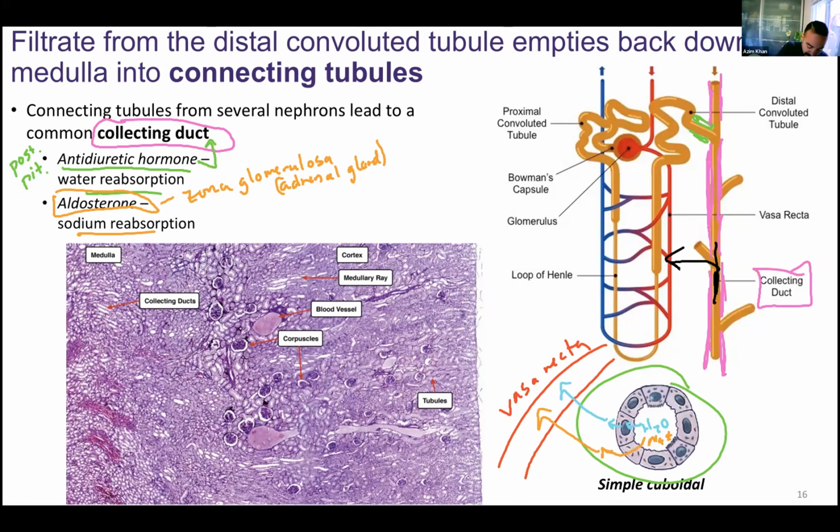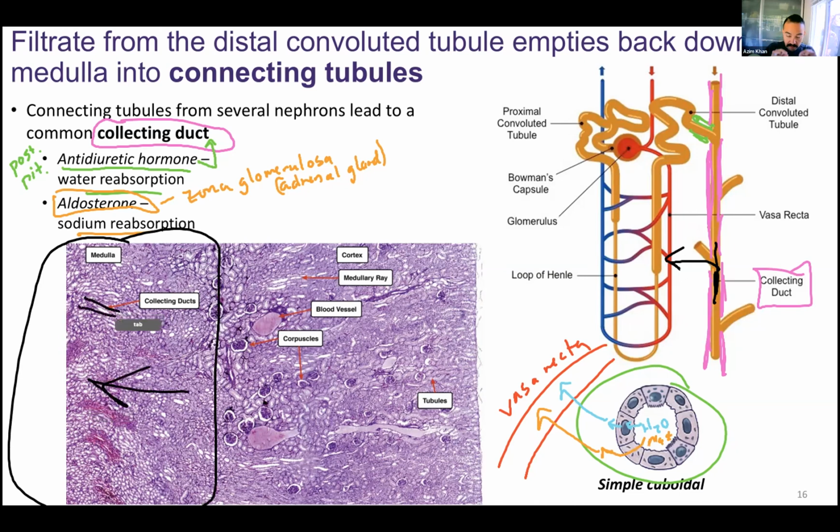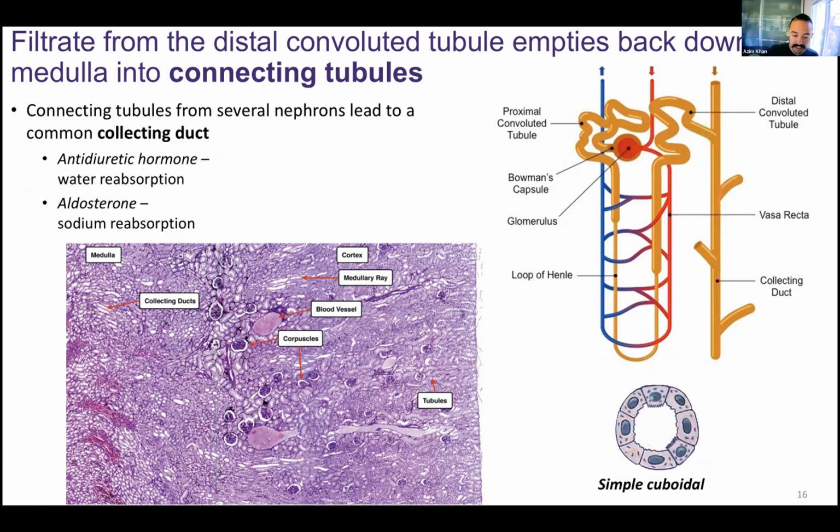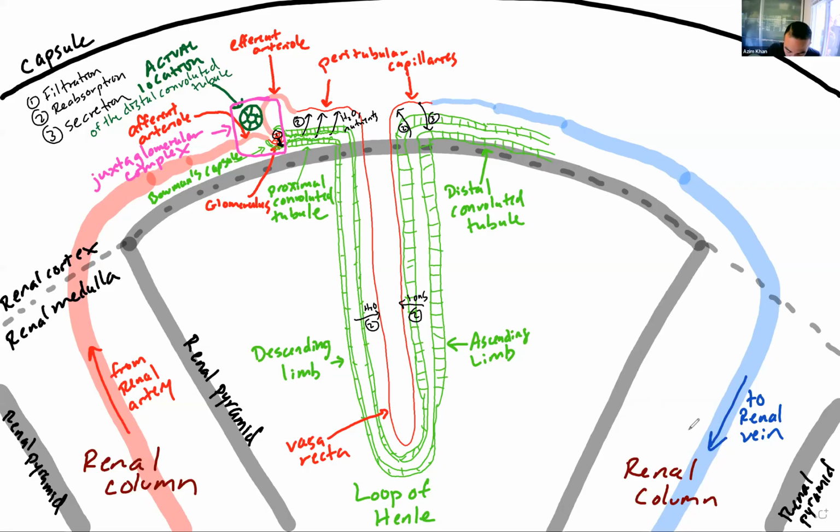You can see collecting ducts in the medulla in this histology this way. They're longer tubules. They look longer. Let's draw this in our diagram. So I'm drawing one connecting tubule here.